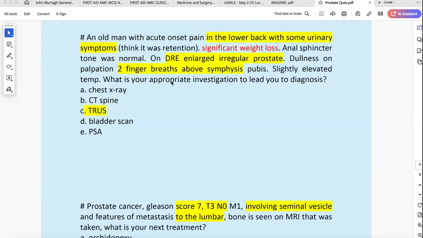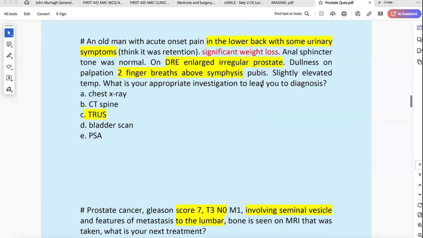What is your appropriate investigation that will lead you to diagnosis? Now, they're asking about the confirmatory investigation. So what do you think this patient has got? Looking at the question, this patient has got a prostate cancer causing the bladder outlet obstruction and also the likelihood of a metastasis.